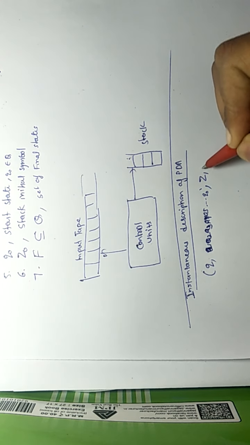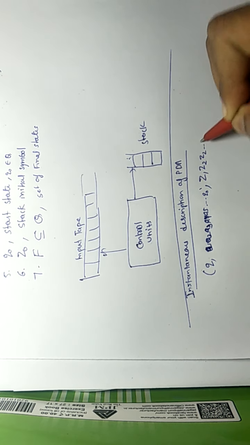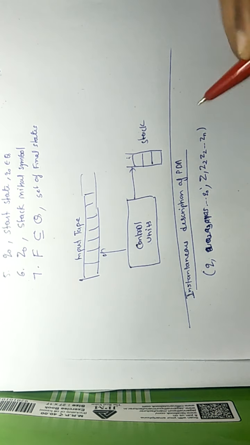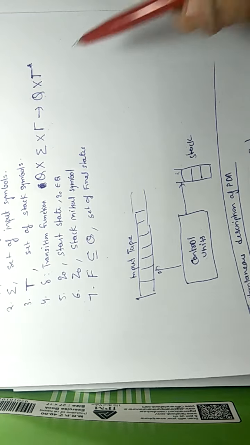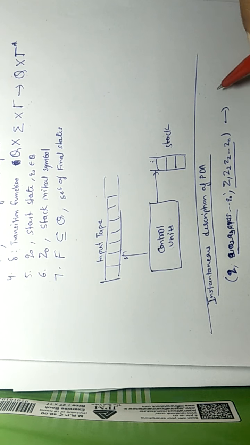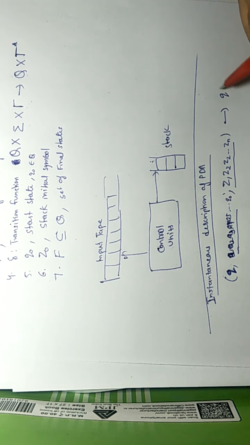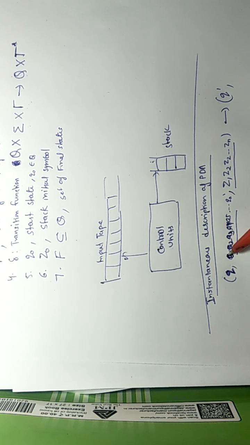Then suppose we have a stack having Z1 at the top and various symbols in the stack. These are on the input tape, these are on the stack, this is the current state, and this is the next state. We move to the next state, say q dash, and we read only one symbol.